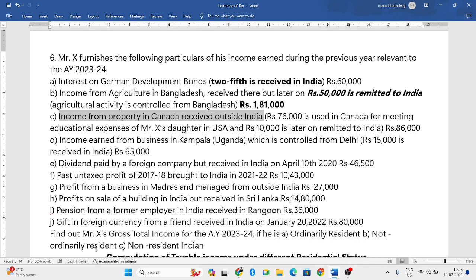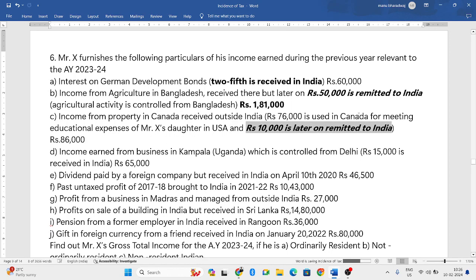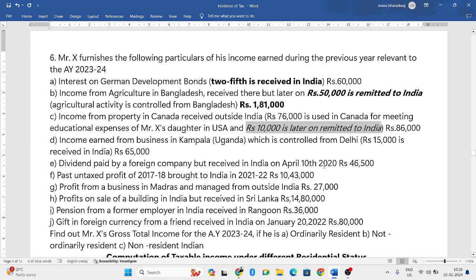In brackets, some information they have given: rupees 76,000 is used in Canada for meeting educational expenses of Mr. X's daughter in USA, and rupees 10,000 is later remitted to India. So any information given on remitted, ignore that. Do not consider the word remitted in the incidence of tax.